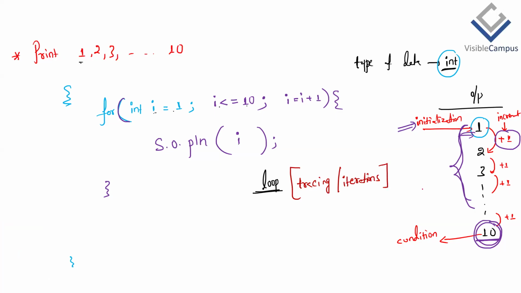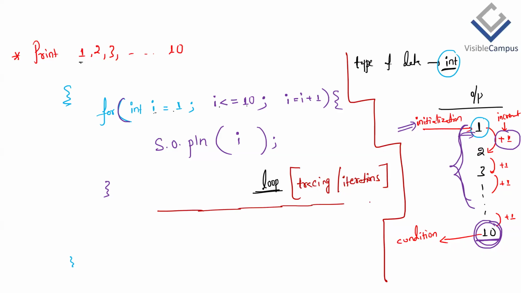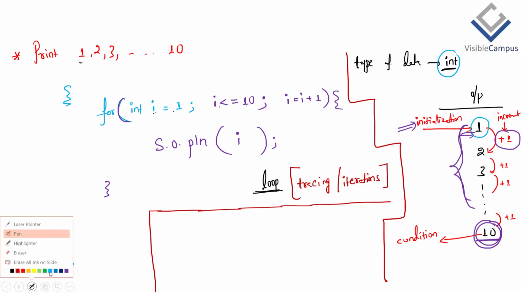So what is that? When it comes to any loop-based question, which is obviously in every interview, without loops, without arrays, without strings, your coding interview will never be complete. So to understand whether my code is correct or not, without any Eclipse execution and all those things, we have to trace it.